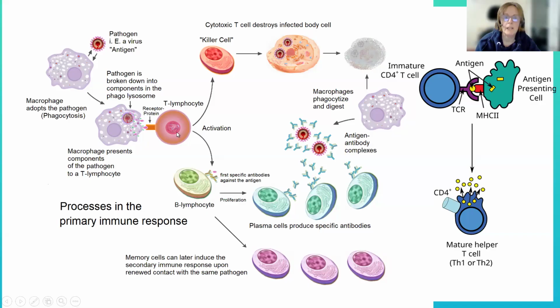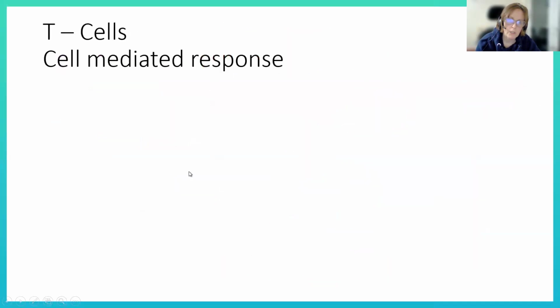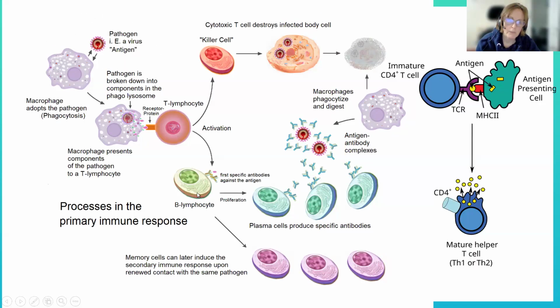What can happen then is we can activate a killer cell that activates macrophages, which can phagocytose and things like that. But also we can get activation of the B lymphocyte, which produces antibodies against the specific antigen.